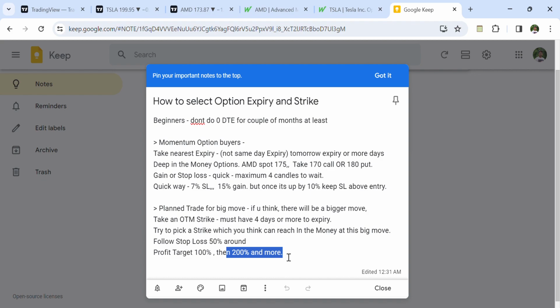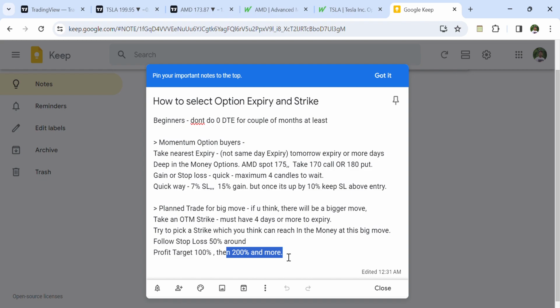You got in at 1.5, so 4.5 would be your 200% profit, and 6.00 would be your 300% profit. If you keep trailing your stop loss, once it reaches 300, keep the stop loss at 200; once it reaches 400, keep it at 300; once it reaches 500, keep it at 400. You can keep trailing until your stop loss is hit and make a big profit.